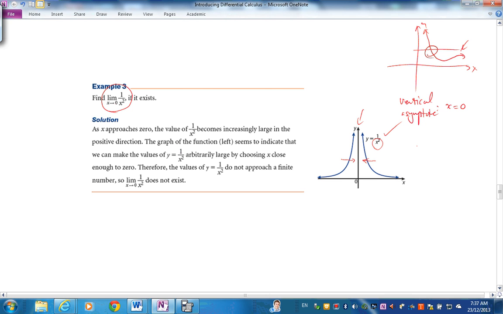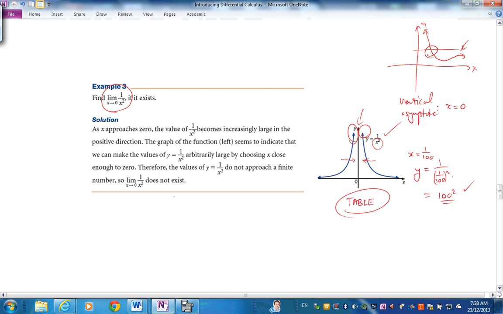What's a small x? x is 1/100th. So y is 1 over 1/100th squared. Invert and multiply, dividing by a fraction, so it's 100 squared. It's huge. You could also do this in table mode on your calculator, actually subbing values in, like I've done there, to show that it zooms up here.